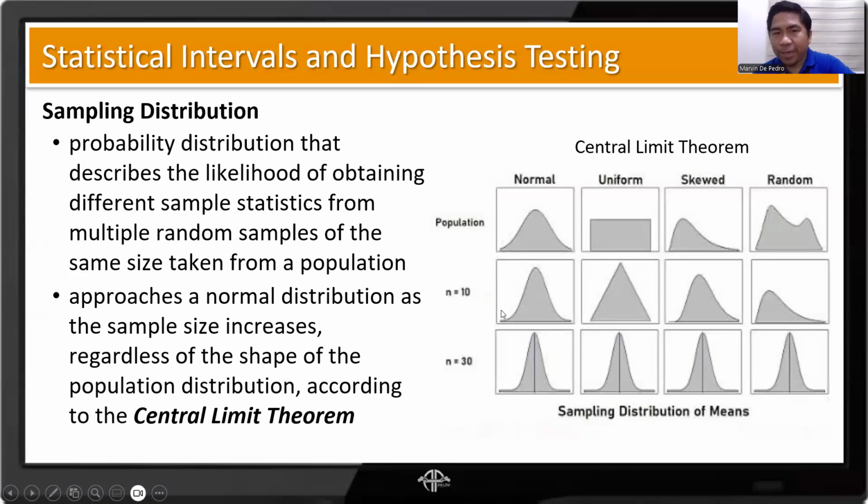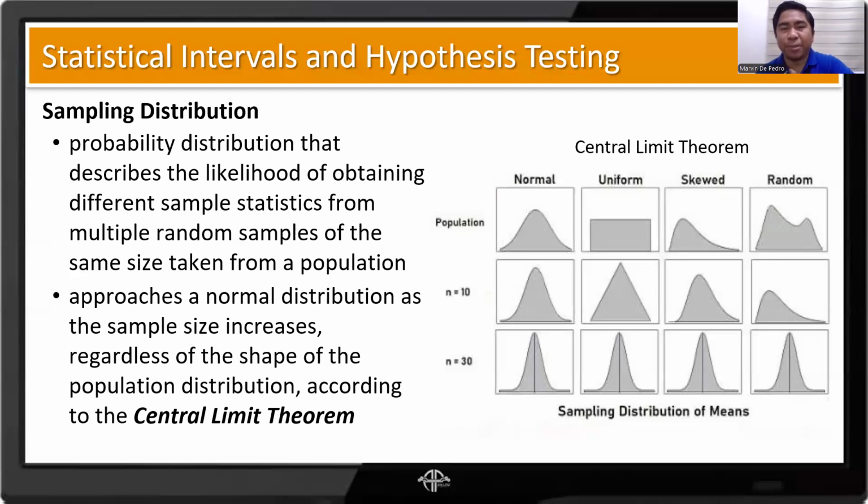So for example here, if we have a sample size of 10, and our sample distribution is already normal, then it will just become more normal. While the others, as you can see, will partially become more normal.